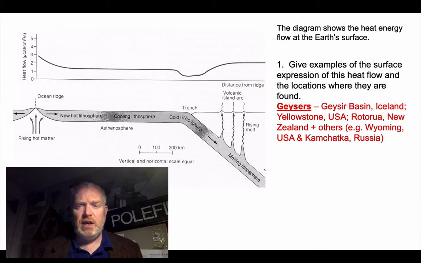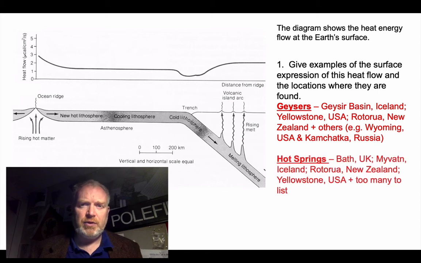Most famous of these is probably in Yellowstone, Old Faithful. They get their name from a place called the Geyser Basin in Iceland, where you can see very frequent eruptions of a geyser. But there are other places, Rotorua in New Zealand quite famously, and places in America and Russia and a few others.